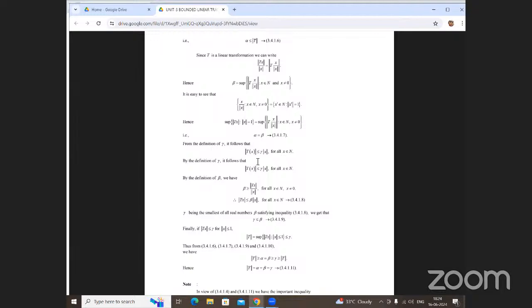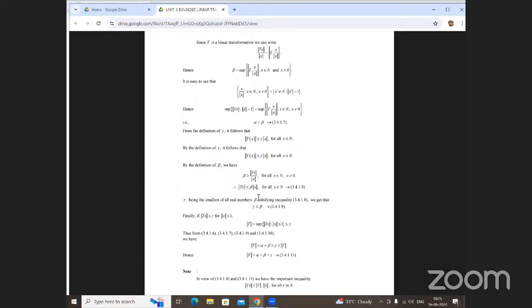And at the same time, by the definition of T, norm Tx is less than or equal to gamma into norm x, and these values are also compared with the boundedness of the transformation. So beta equals norm T of x by norm x, and norm Tx is less than or equal to beta into norm x.